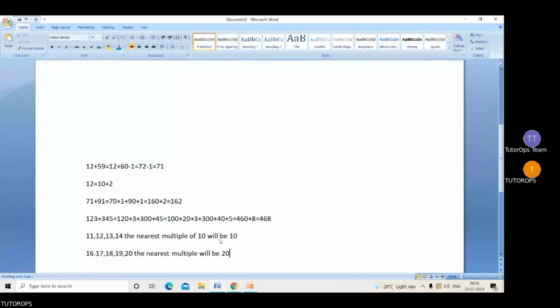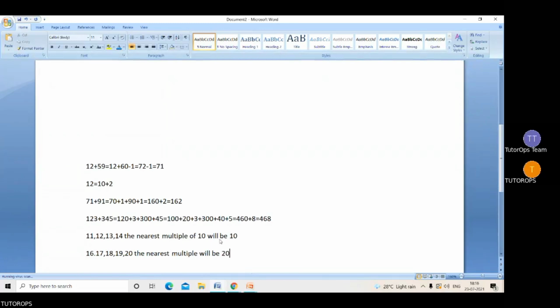For 10 to 20, the end digit will be 5 for the number 15. Before 15, we can take those numbers near to 10, and after 15, those numbers will be rounded off as 20.